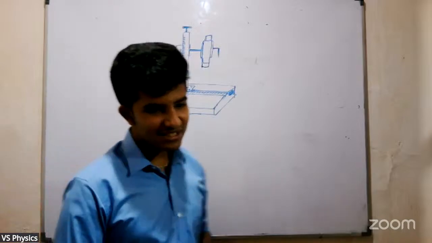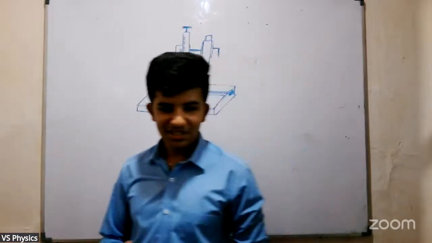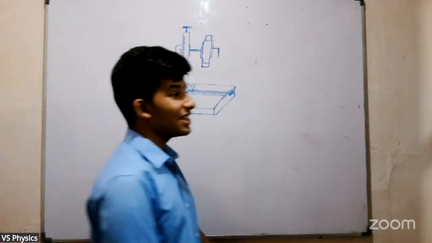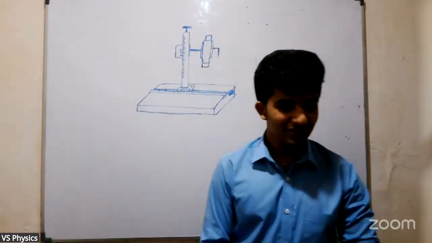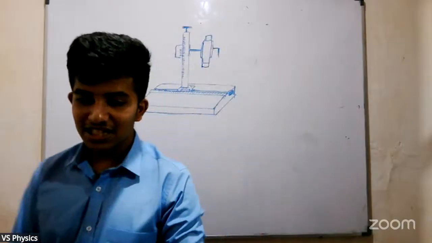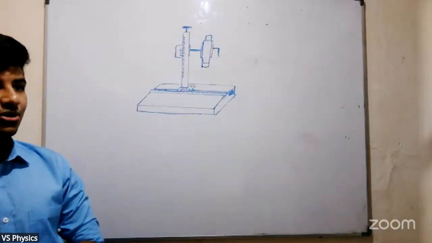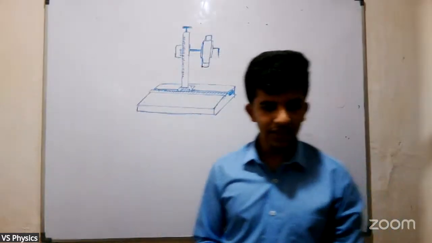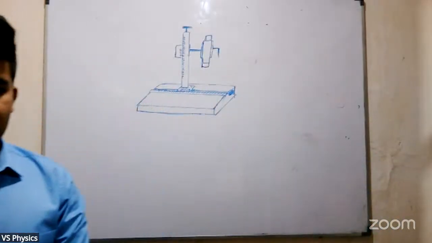It has 4 legs. I think we need a meter ruler. Why do we need a meter ruler? Or a spirit level. Yes, we need a spirit level. Why do we need a spirit level? To level the traveling microscope. Okay, then that's it for materials.